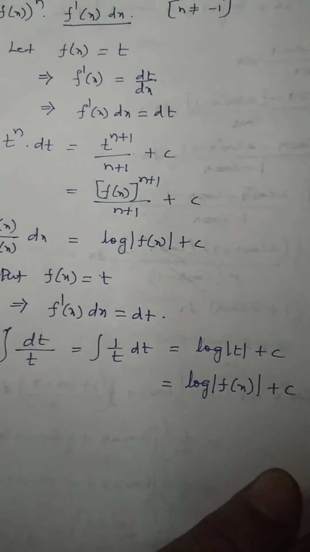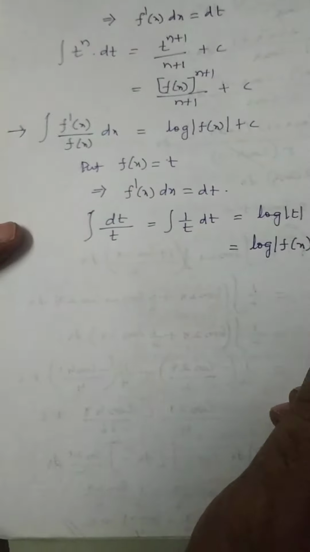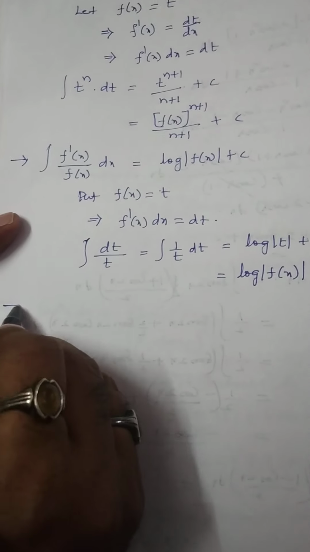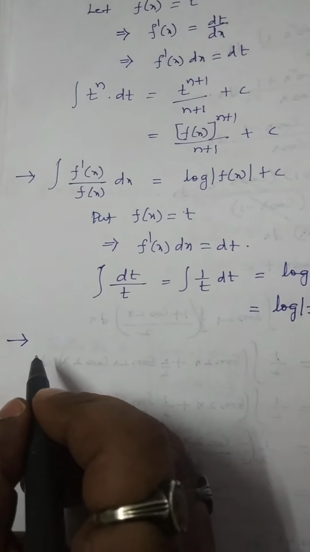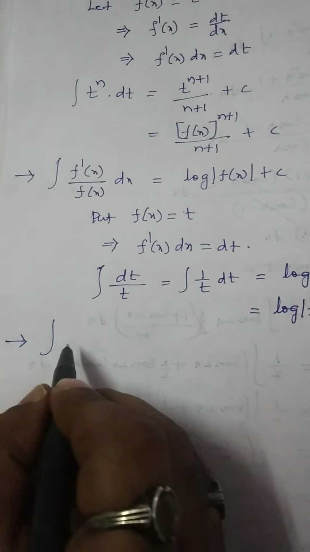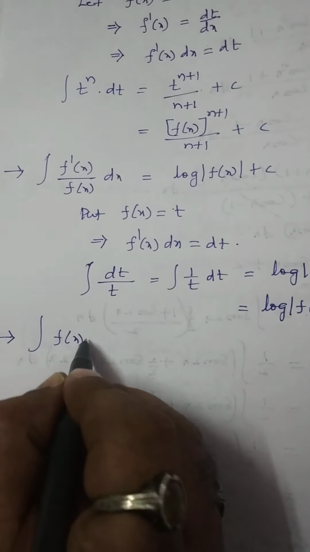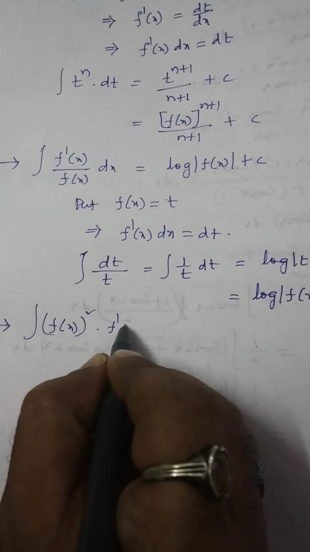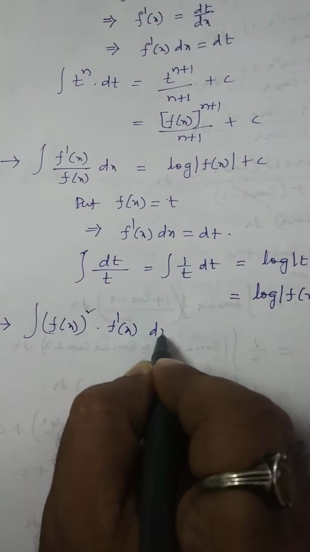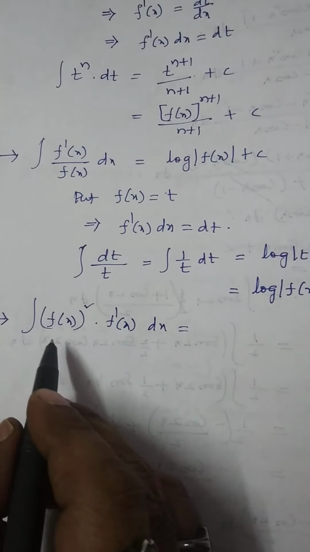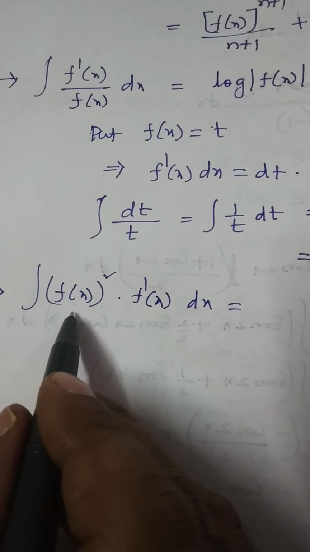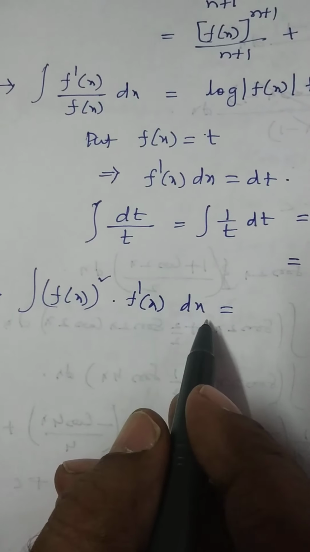Next, similarly, all the formulas whatever we have previously, we can convert in the substitution method. So integration of f of x whole square into f dash of x dx is equal to what? Obviously again we assume f of x as t, then f dash of x dx is equal to dt.